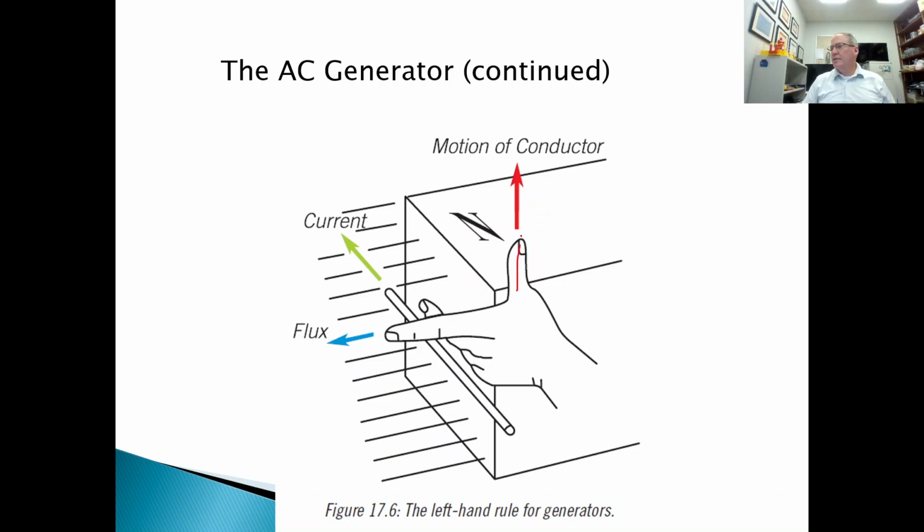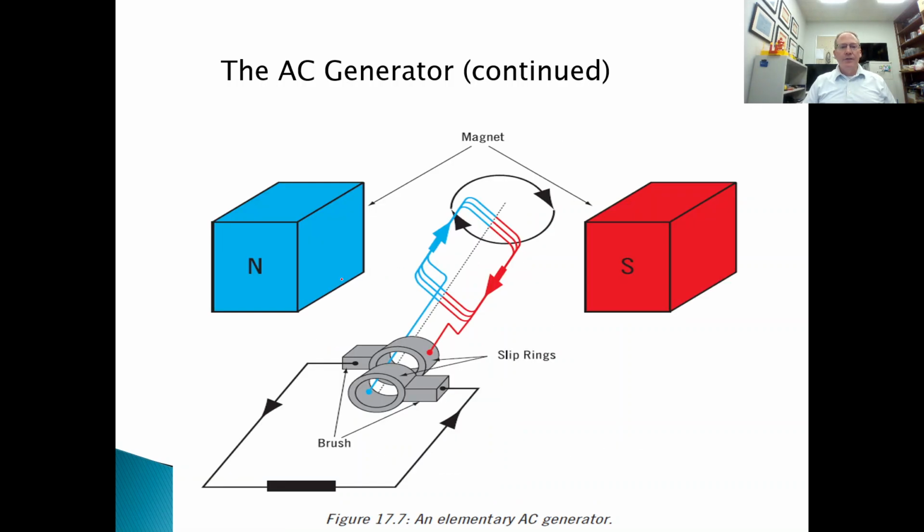Okay, so here's the current, here's the flux, and here is the motion of the conductor. All right, so if we move this conductor up through this magnetic field, it's going to induce the current that way.